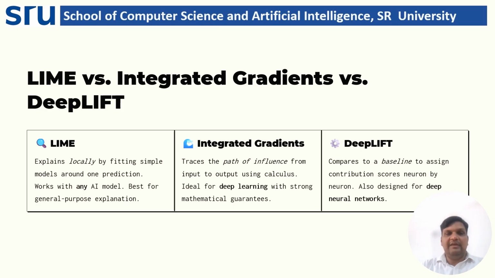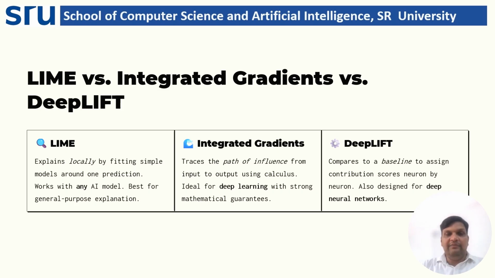LIME versus integrated gradients versus DeepLIFT. LIME explains locally by fitting simple models around one prediction. It works with any AI model. It is best for general purpose explanation. Integrated gradients: what does it mean? It is the path of influence from input to output using calculus.